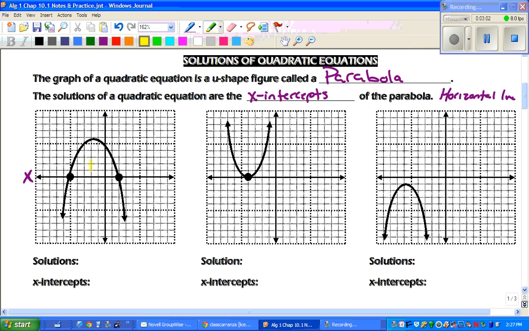I'm looking to see where they cross. So my solutions for this one, where they crossed, x equals -5, because that's -5 right there, and right there is 2.